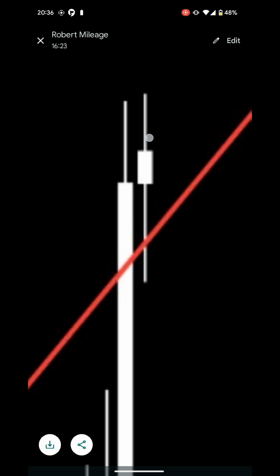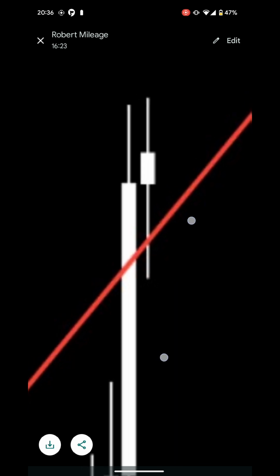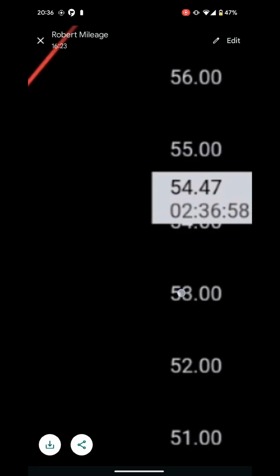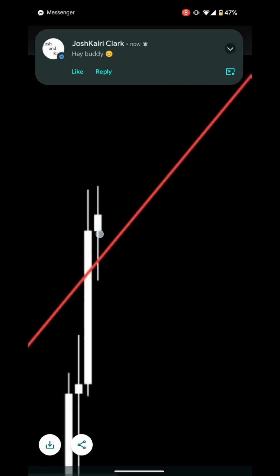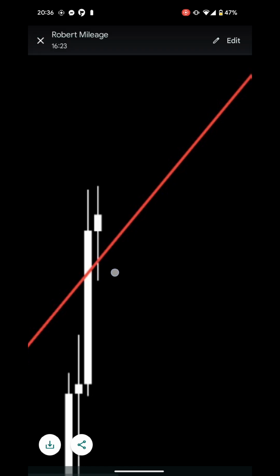And because this, I believe, is the daily time frame, it looks like that bottom wick has already been created. So if it's going to keep going, then it won't violate this area right here for this bottom wick. And that bottom wick area is around the $53 mark. And that's what I'm saying. If it drops there, then it's broken out of what would be this uptrend on the lower time frame, and that's a good indication that it might roll over. So that's where I was saying that.